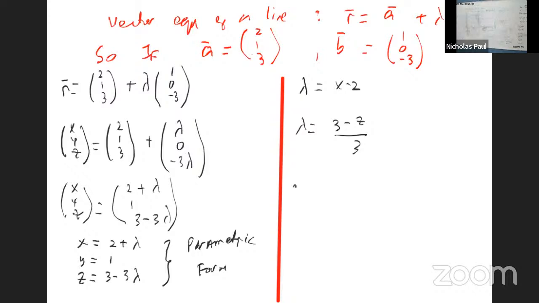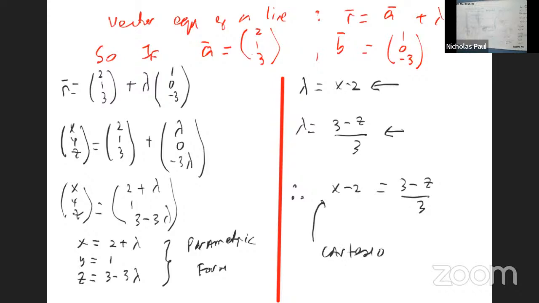So since this is lambda and this is lambda, your equation is x minus 2 is 3 minus z over 3. There is no y, there's no part with y. And that's it. This last form here is your Cartesian.